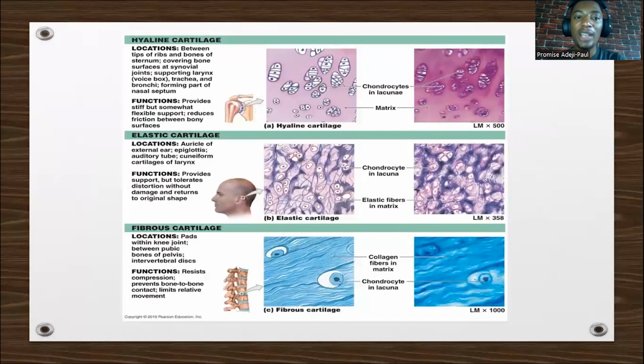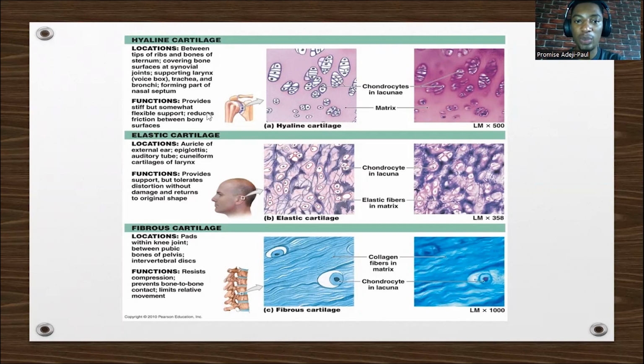So now this is a picture that talks much about the cartilages that we just talked about, and it also gives pictures, so you can learn about the locations. For example, hyaline cartilage, where they are located, their functions. Elastic cartilage, the same thing, and same thing with fibrocartilage. You can also see the picture on the right hand side. These are H and E stains of cartilage.